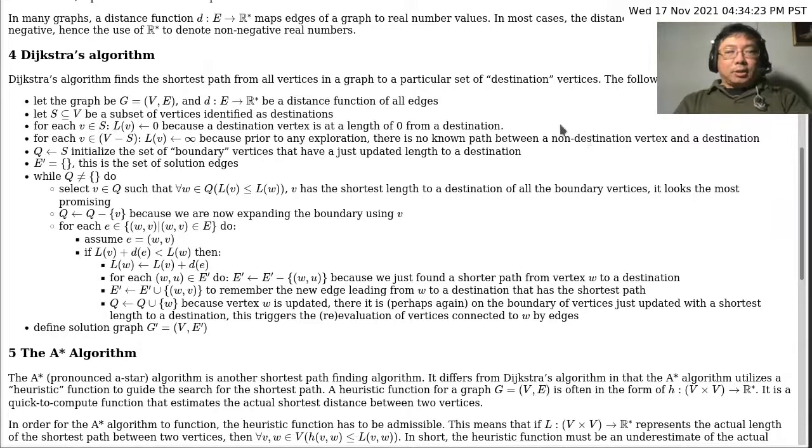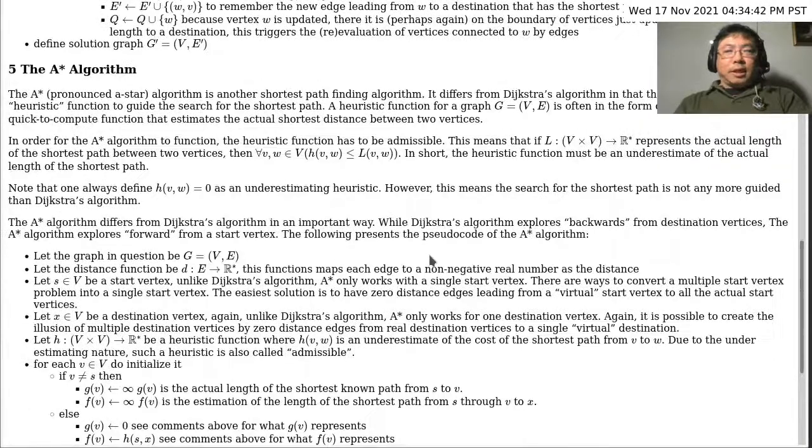All right, so back to Dijkstra's algorithm. Are there any questions about Dijkstra's algorithm? Okay, I'm not seeing any comments in the text channel, so that means I'm going to move on to the A-star algorithm. The A-star algorithm is nostalgic to me, because of my dissertation, which was a long time ago.